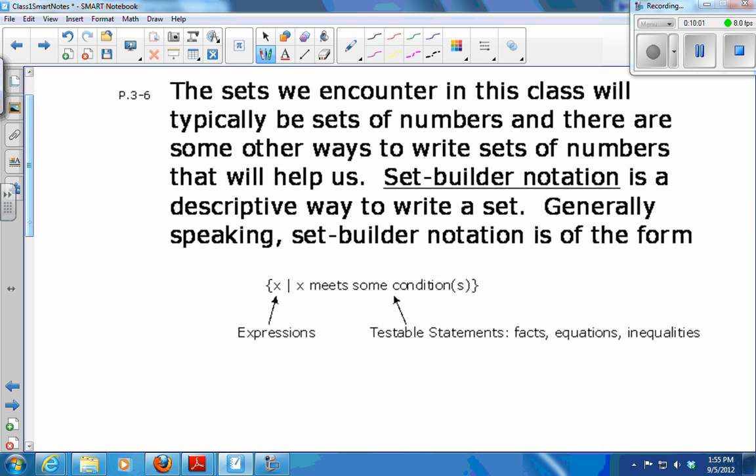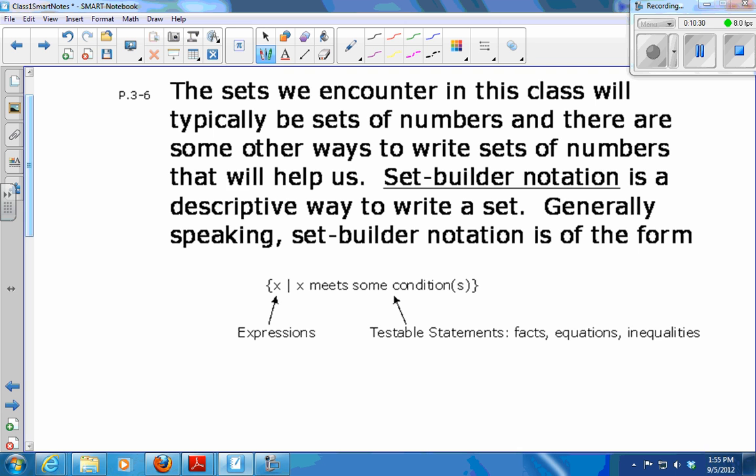Okay, so the sets we're going to encounter in this class are often going to be sets of numbers. We're not going to be talking about sets of the 7 dwarves, right? So we have some ways to write sets of numbers, because sometimes there'll be so many numbers in the set that it would be crazy to just write them all out in between curly braces. So we have some other ways to do it that are going to help us. The first one is called set builder notation.